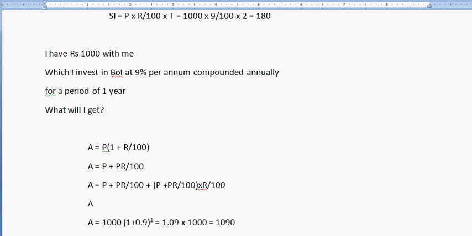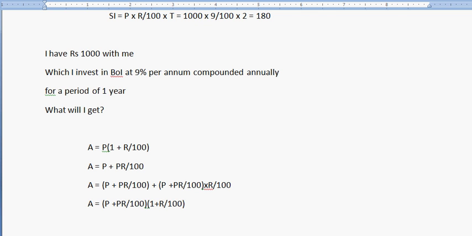If you simplify it, what would you get? This PR by 100 and this PR by 100 becomes common. You would get P plus PR by 100 multiplied by 1 plus R by 100.